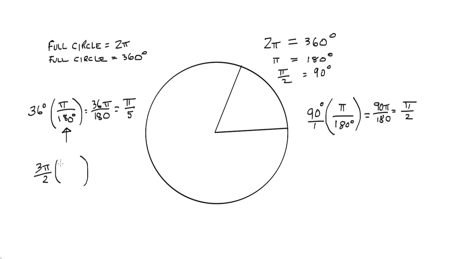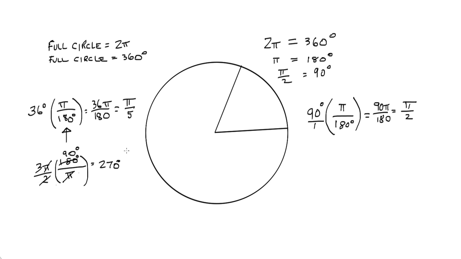Well, I can multiply by 180 over pi, right? Let me do a little trick here. 2 goes into 180 90 times, doesn't it? Okay, and what else? The pi's cancel too, don't they? I get 270 degrees. Now, if you wanted to multiply 3 times 180 and then divide by 2 to get the 270, that's okay too. There actually should be a degree sign right here.